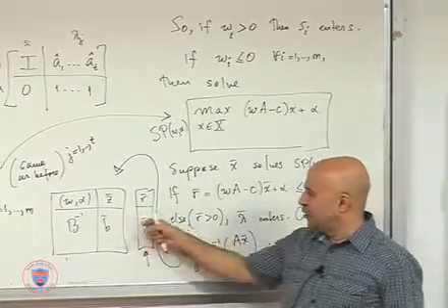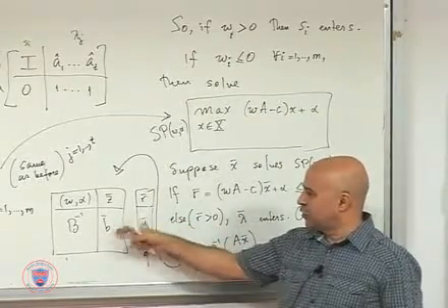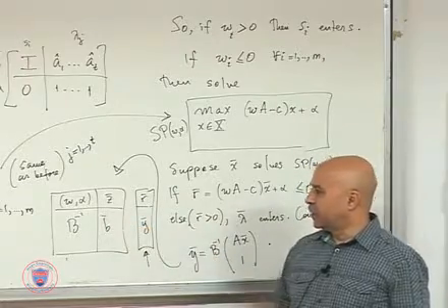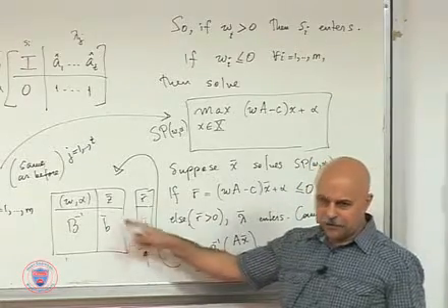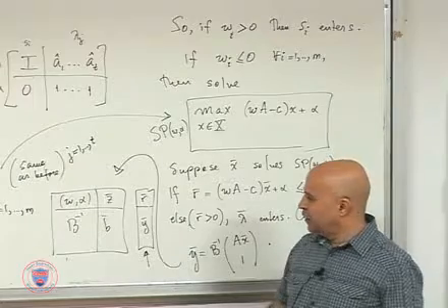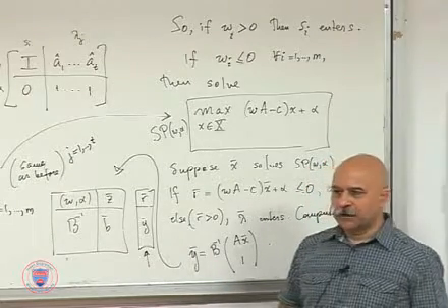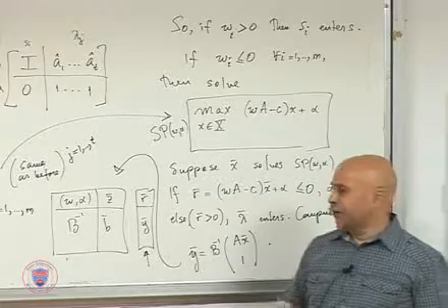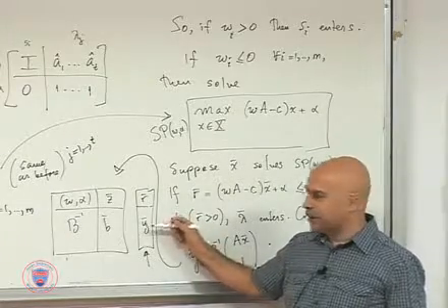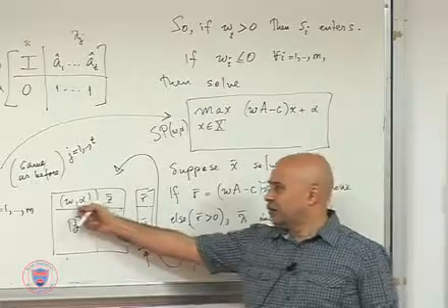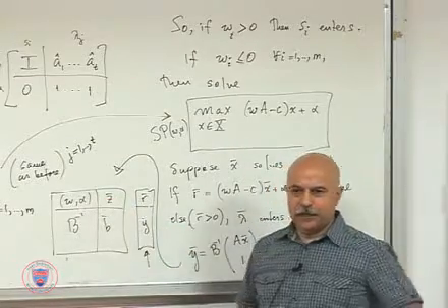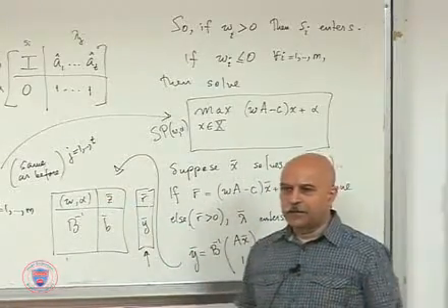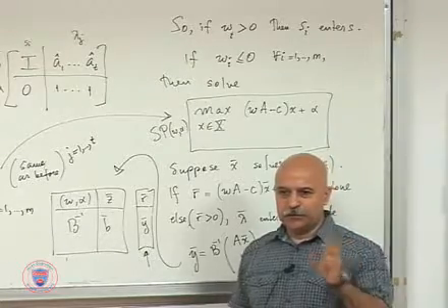This will give you an appropriate ratio which will tell you which lambda to exit or which S to exit, which slack to exit. And after that, you will know how to continue just by updating. How do you update? You pivot on the appropriate element. You get the new inverse. You get the new W and alpha, etc. And then you just do everything relative to the new basis.